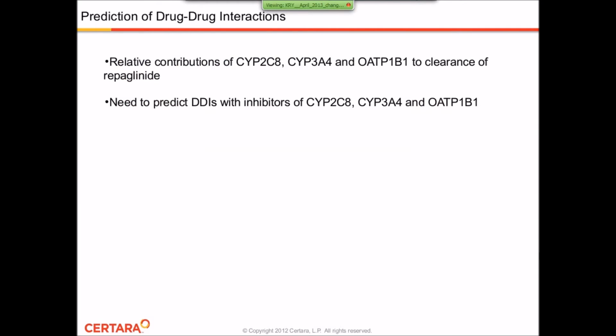Now, the important thing to consider is if we want to go on and predict drug-drug interactions, we have to ensure that the relative contributions of CYP2C8, CYP3A4, and OATP1B1 are appropriate to clearance of repaglinide. And therefore, what we need to do is to predict drug-drug interactions with inhibitors of CYP2C8, CYP3A4, and OATP1B1.